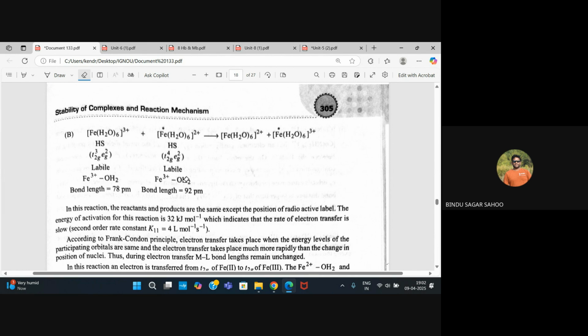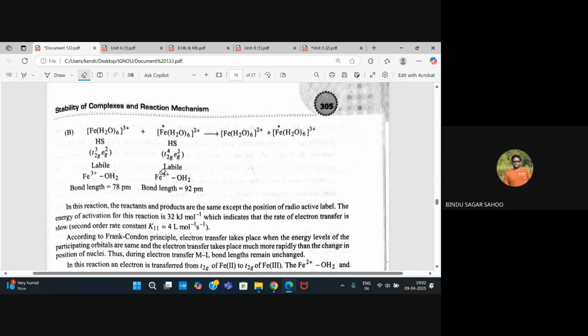So in both cases, electron transfer occurs. But in this second case, the electron transfer process is much slower compared to the previous one, because here the orbital energy of Fe3+ and the orbital energy of Fe2+ have a larger energy separation between them.